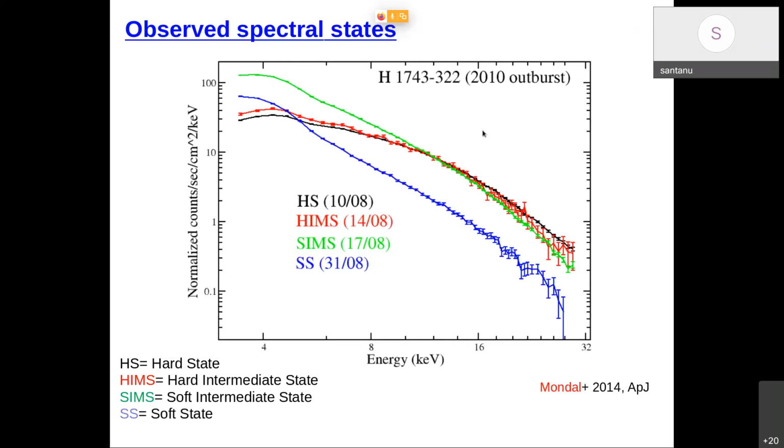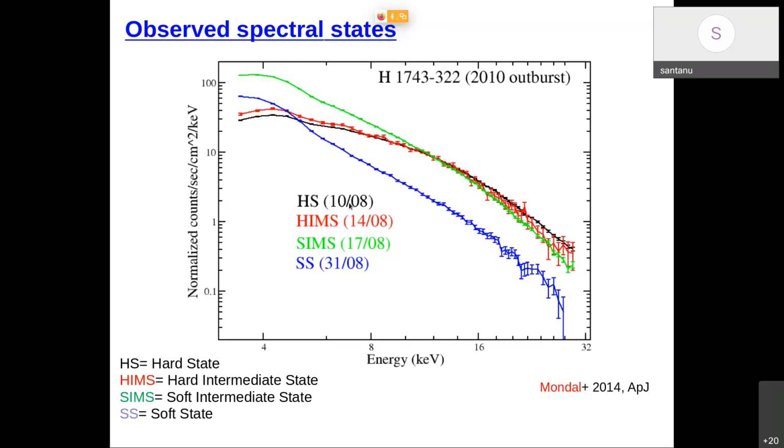So these are the observed spectral states. This is H1743-322, a black hole candidate, and the data is taken from Swift and RXTE observations during the 2010 outburst. You can see these color lines.